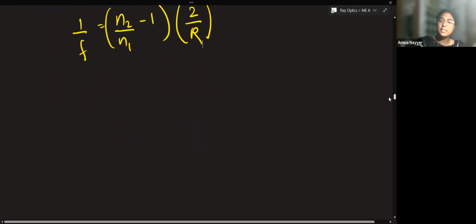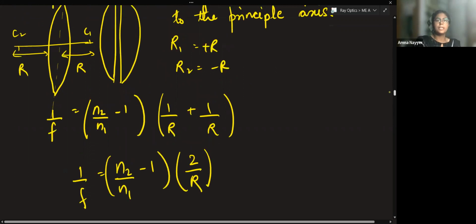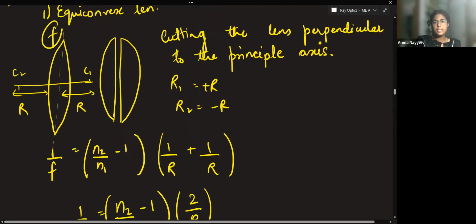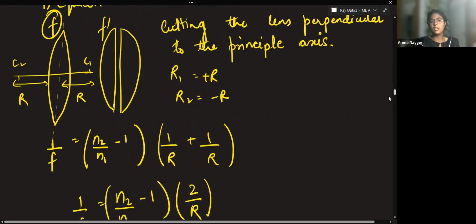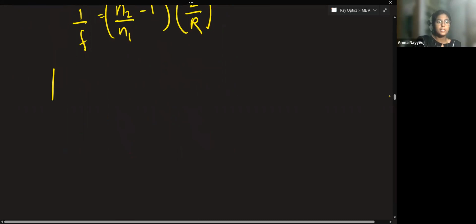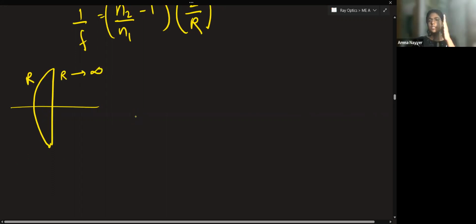Now, this is the original focal length f. Now let's say this is f prime. You have cut this and this is f prime. So if you have this lens, see, the radius of curvature on one side becomes what? This is the lens. On this side, the radius of curvature will be infinity because this is a plane side.